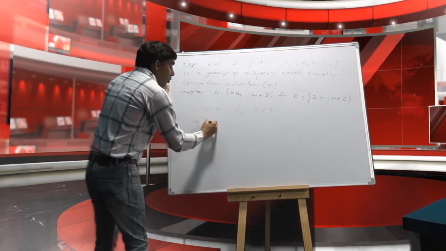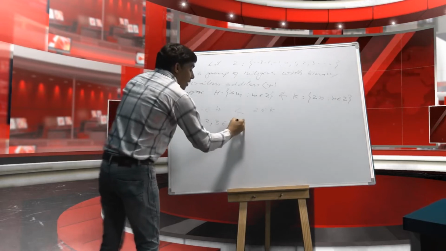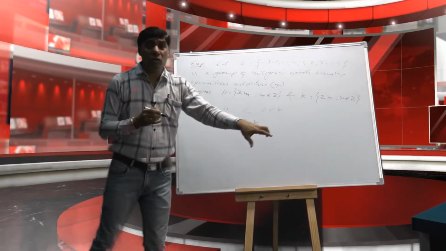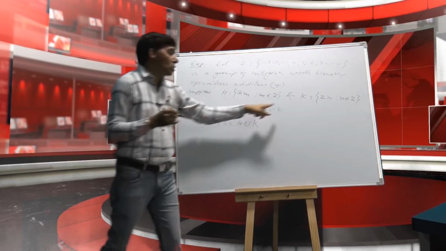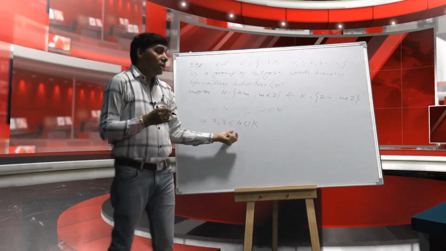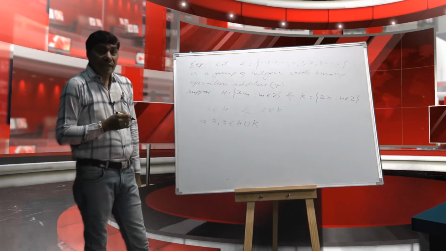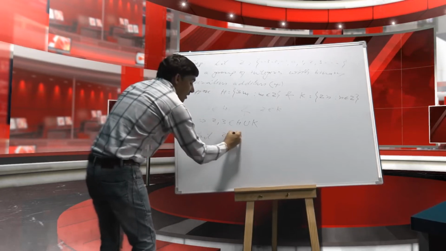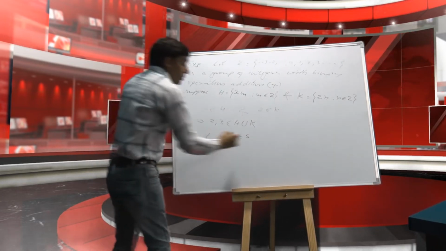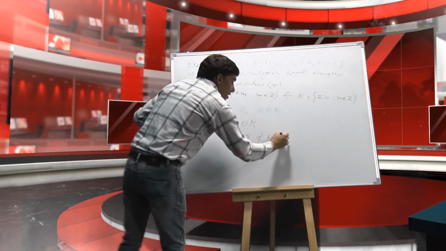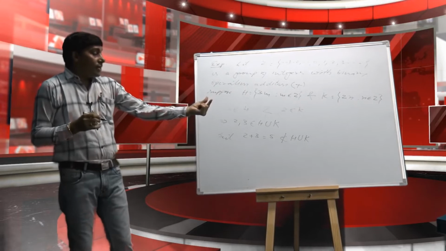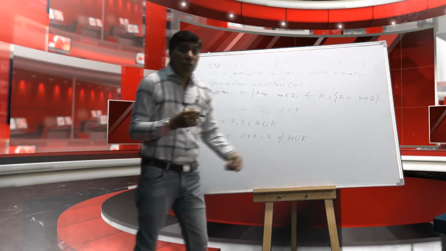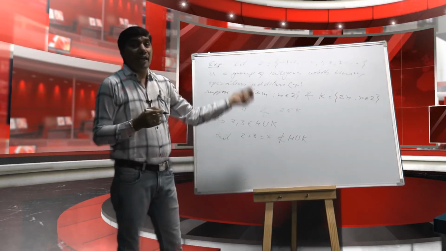This implies 2 and 3 both belong to H union K. Union means either belongs to H or belongs to K. That means 3 belongs to H and 2 belongs to K. Therefore 2 and 3 both belong to H union K. But 2 plus 3 is equal to 5, which does not belong to H union K. H union K means the collection of all integers that are multiples of 3 or multiples of 2. 5 is not a multiple of 3 and not a multiple of 2.